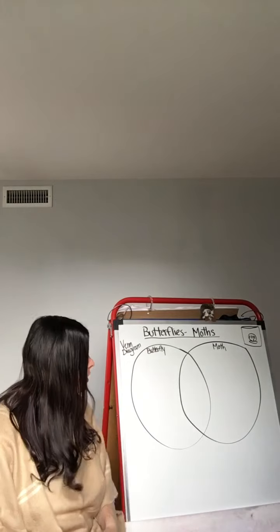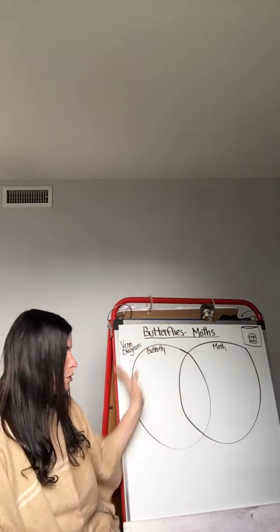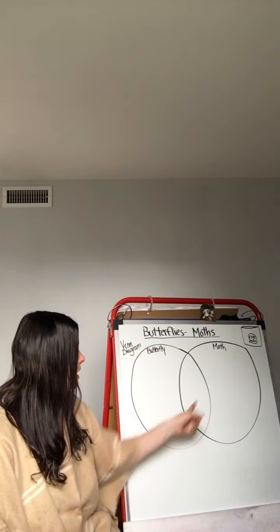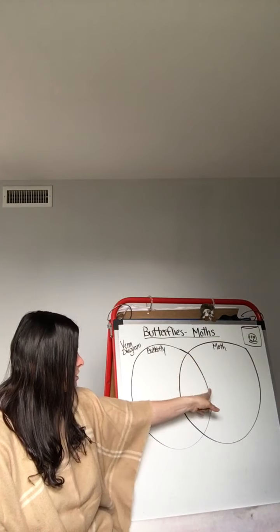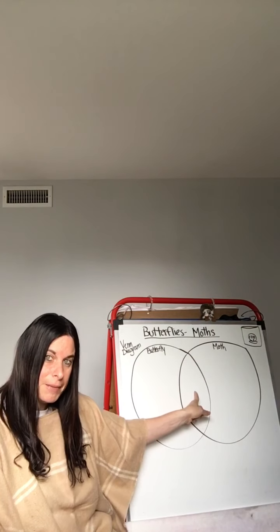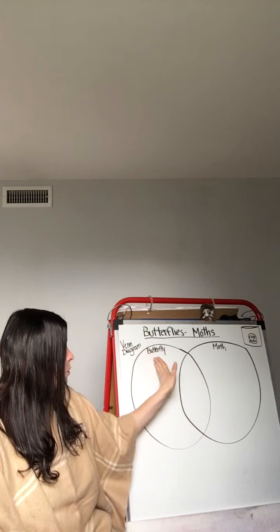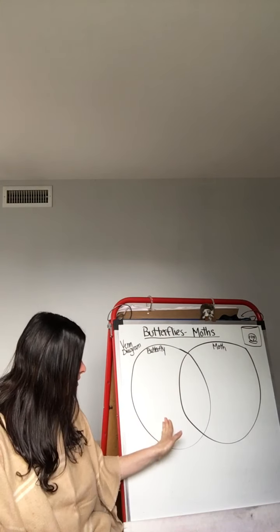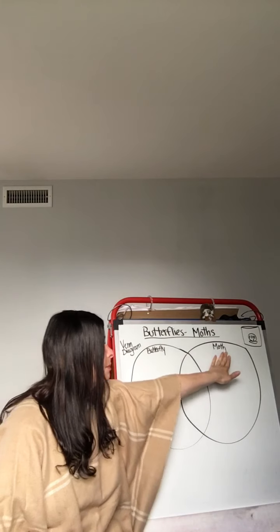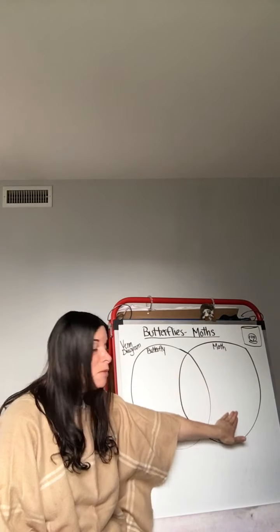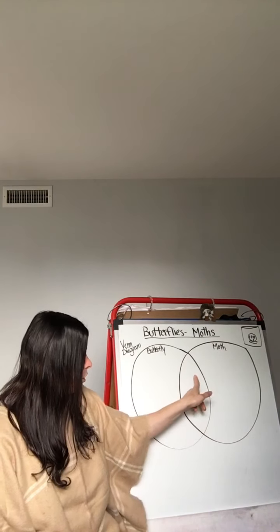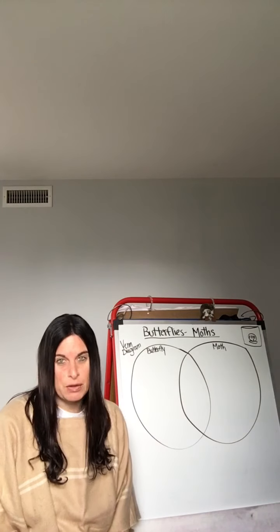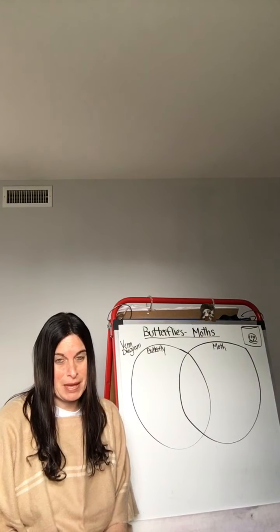So right here, I drew 2 circles, and the circles connect in the middle. We're gonna put the things that just the butterfly has on one side, and the things that just the moth has over here, but in the middle you put things that they both have that are the same, okay?